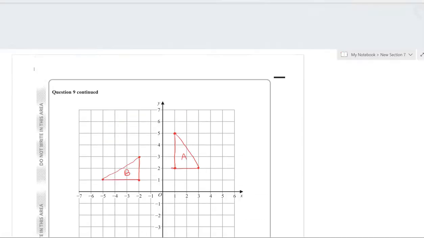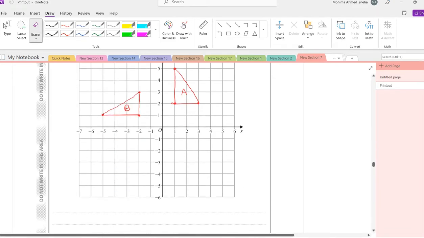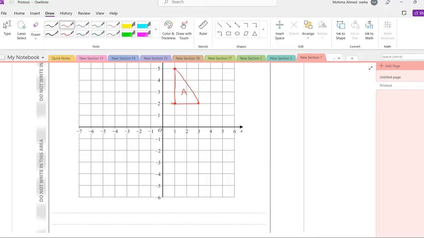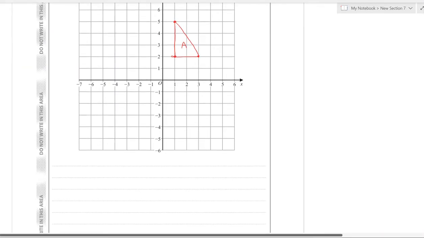I made a mistake for drawing triangle B. That is, triangle B should not be in the positive side, it should be in the negative side. The value for triangle B was -2, -1, -5, -1 and -2, -3.